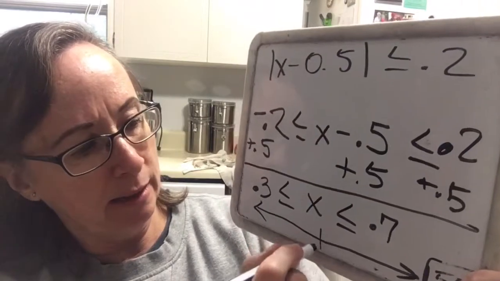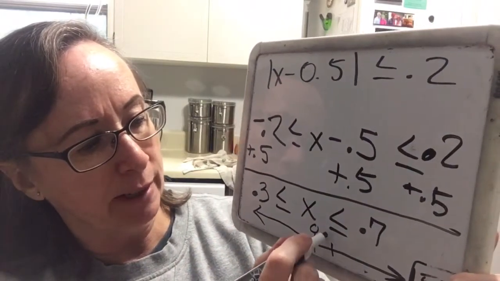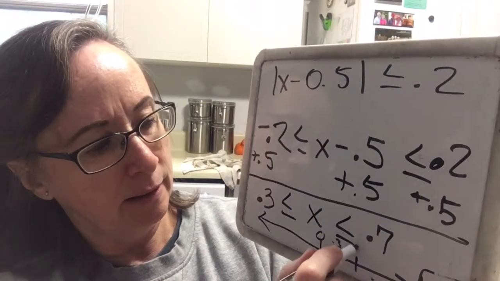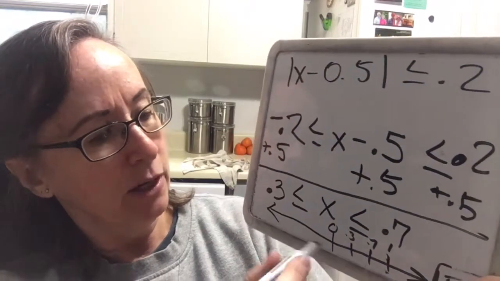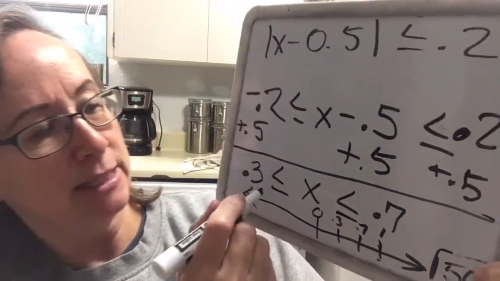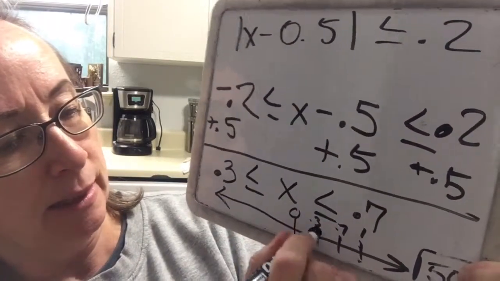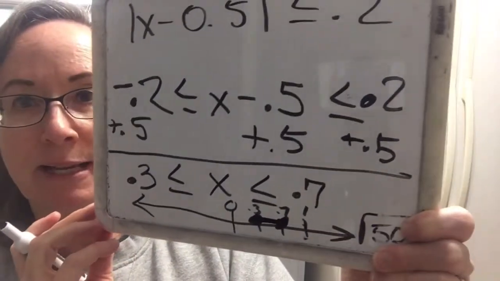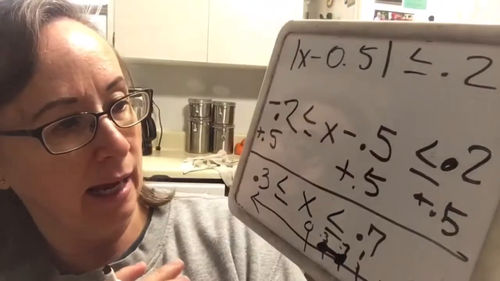So here's my 0, and here we'll say 0.3 is right here, and 0.7 is right here, and 1 is right here. So we're going to say that this one is going to be right in between, including the endpoints here, here, and going in between. So it has a very tiny graph in between 0.3 and 0.7.